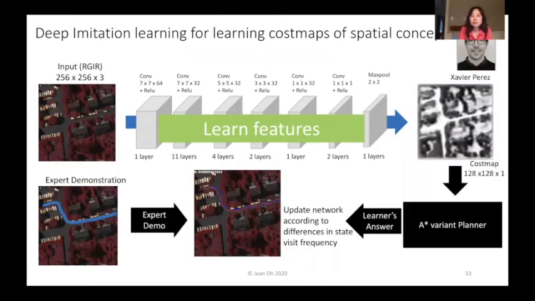So we used to use feature engineering, which was a painful process to design the features, which was also the secret behind the success. And now we use a deep learning version of that so that we don't have to hand-engineer the features. So the network learns useful features to generate good cost maps.